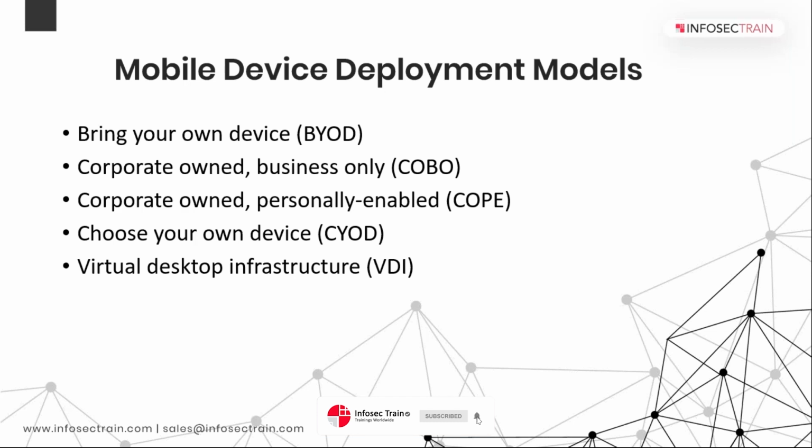The device over here is chosen and supplied by the company, guys, and it remains its property only, but the employee may use it to access personal email or their social media accounts or any sort of personal web browsing. But it remains the property of the company only. And all these things which he can access are put up in the policies, and he can work only on the basis of the policies, nothing beyond that.